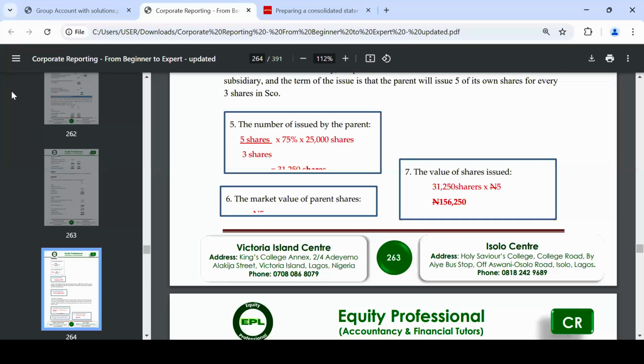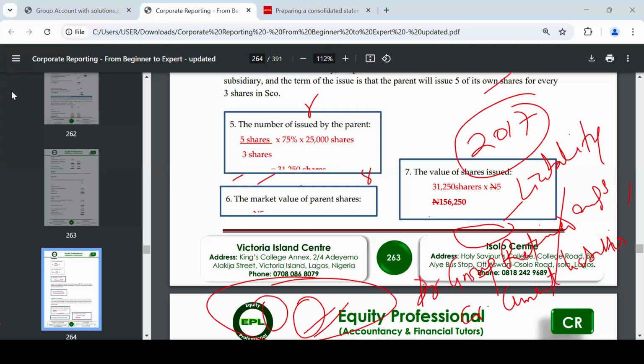Look at what was done here. You will see the shares of the parent, 5 for every 3, and this is how I normally call it out and calculate at the same time. I like to say it as I'm writing, especially inside the exam halls.